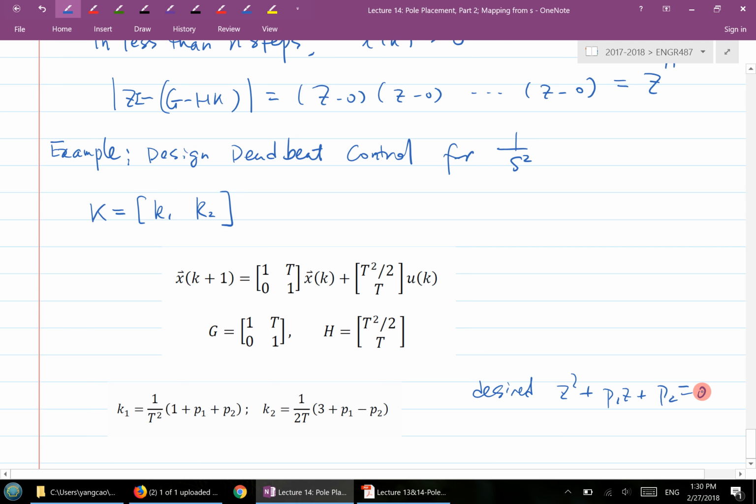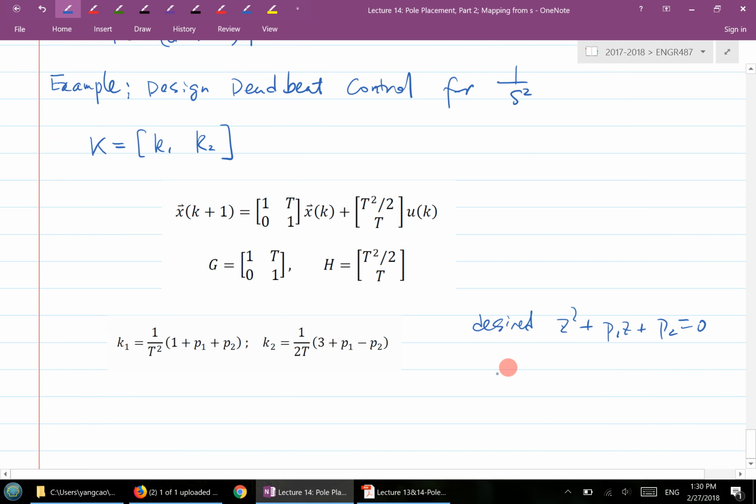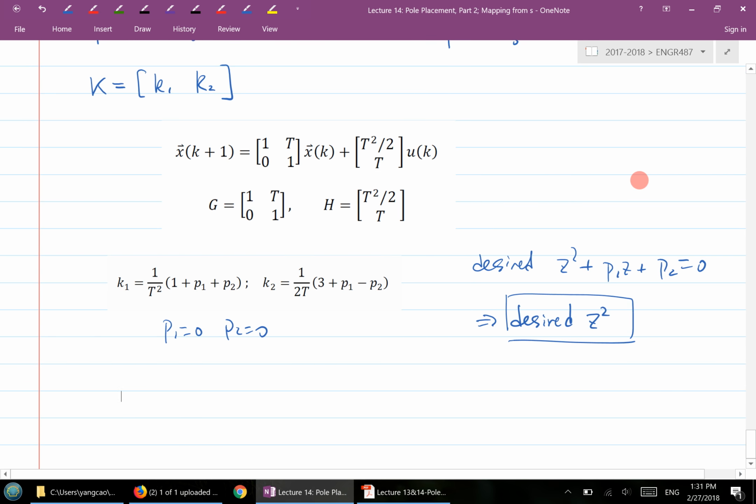Now, what would be the desired if we want to design a deadbeat response? The P1, P2 need to be 0. So now the desired is just z squared, so P1, P2 is 0. That gives us the K1 and K2 values here. K1 is 1 over t squared, and K2 is equal to 3 over 2t.